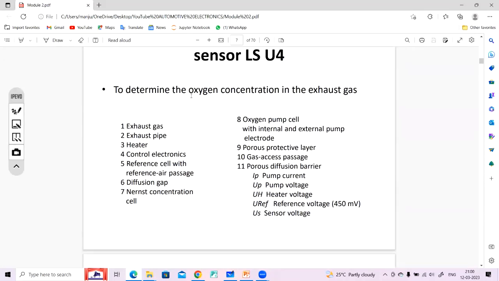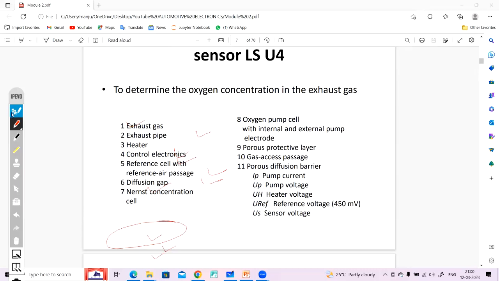Okay, so here the sensor we are going to use to determine the oxygen concentration has an exhaust pipe, heater control for electronics, reference cell with reference air passage, diffusion gap, then oxygen pump cell, gas, IP pump, UP pump, UH heater, reference voltage and sensor voltage.